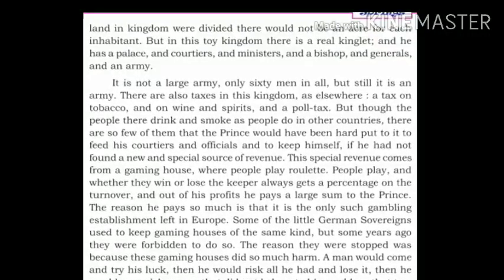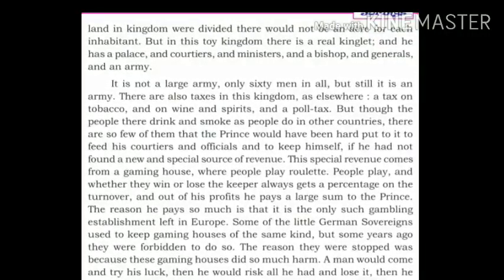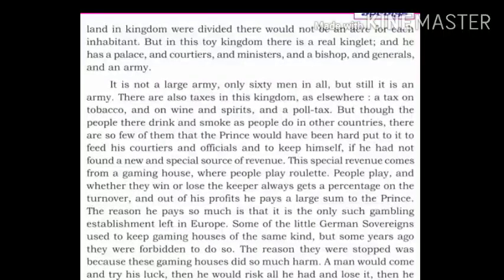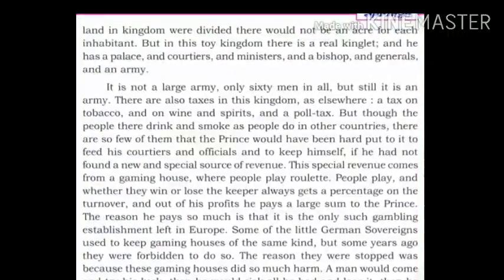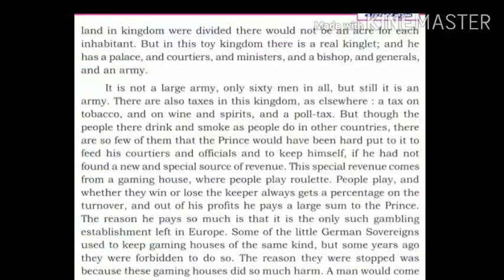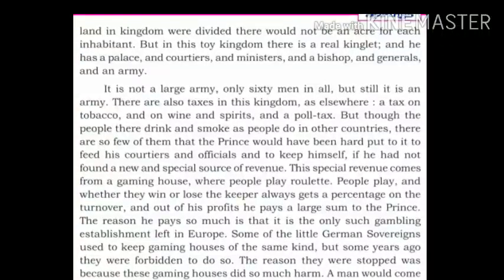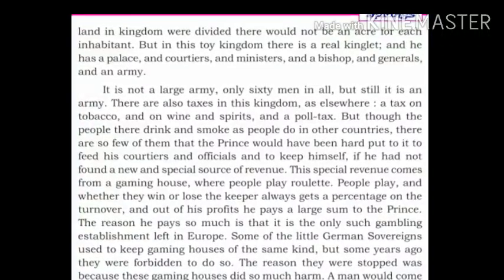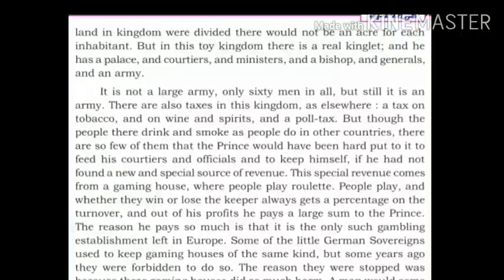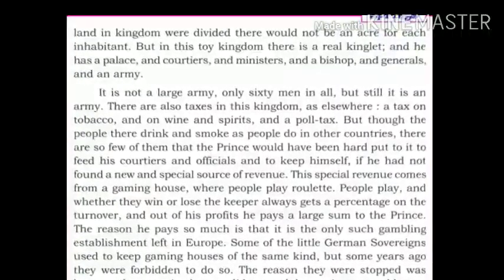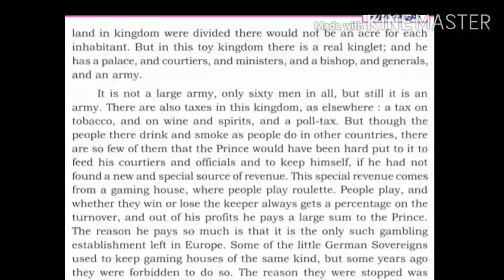Tobacco, wine and spirits are things, and poll tax is an individual person tax. So we come to know how many taxes are collected in that kingdom. There are 4. Those are tobacco, wine and spirits, and poll tax.